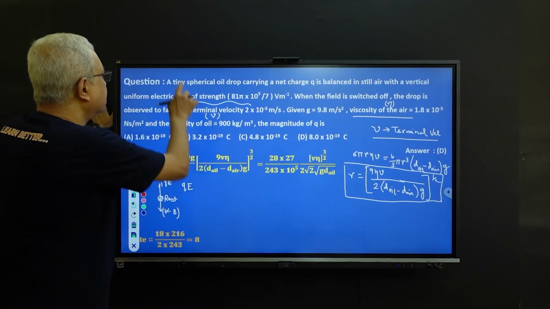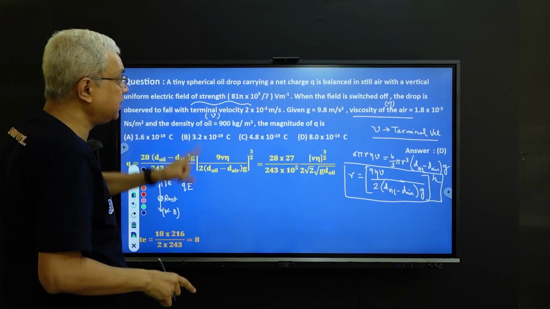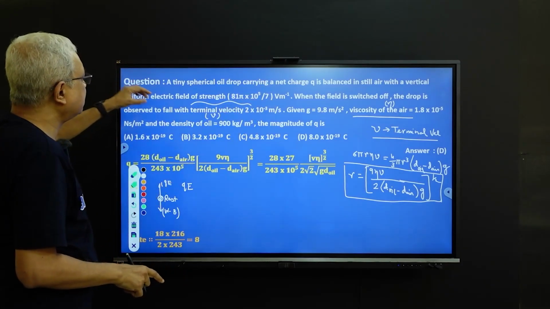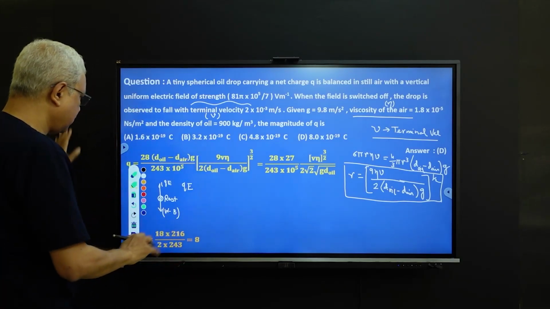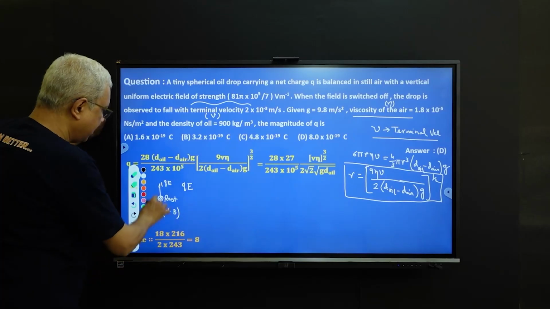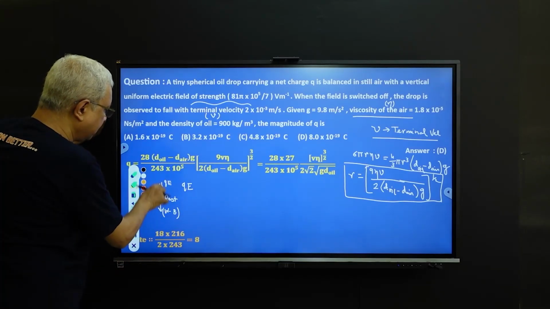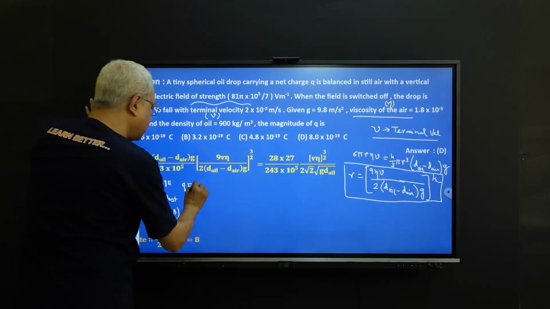So it is balanced with QE and W minus B. So QE equal to W minus B.